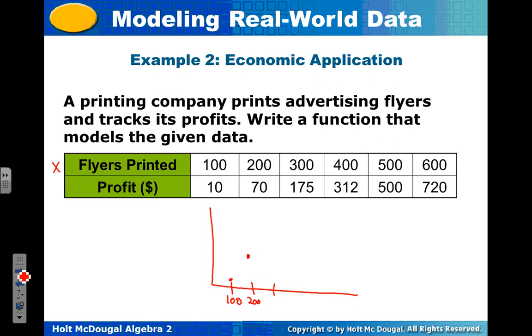And then there were 300, and the profit was $175. And then there was 400, and the profit was way on up here. So you can see this thing's starting to curve and move up. It's not a straight line. It's either an exponential or a quadratic. That's the type of regression that you would be using, either exponential or quadratic. So let's look at the differences.